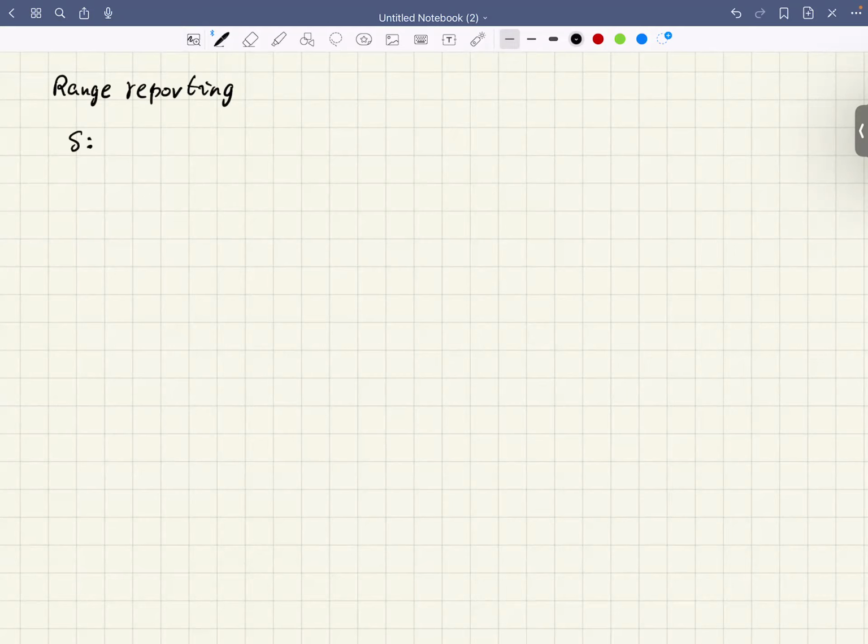The input is this set S, a set of n integers. You want to pre-process this set so that you can answer the following queries efficiently.